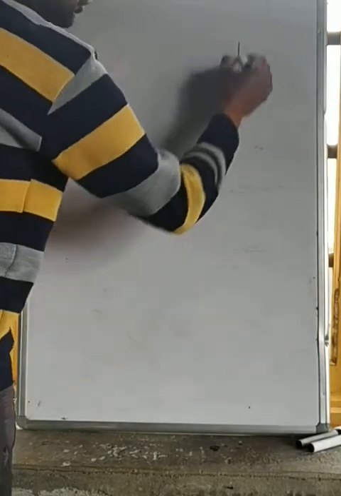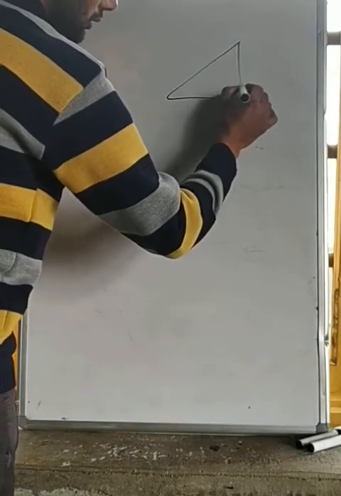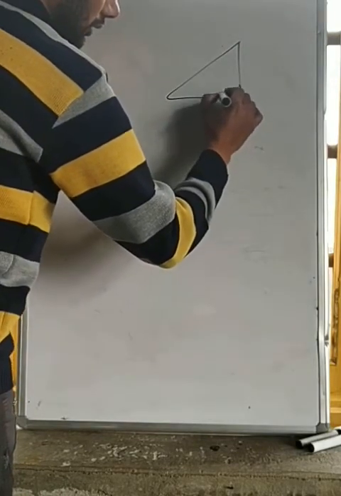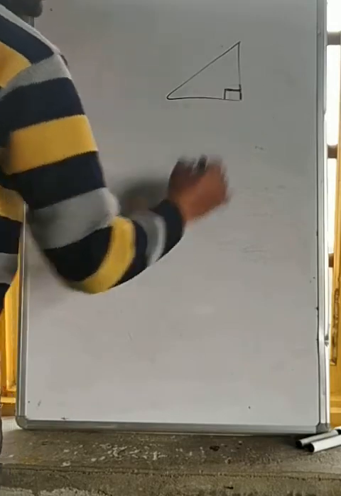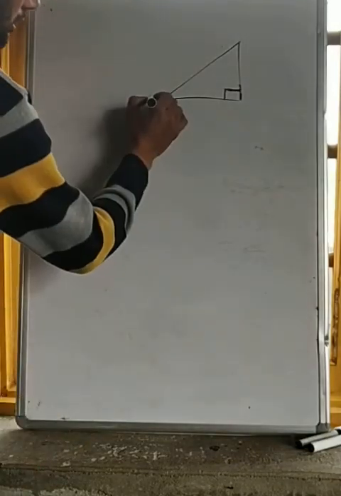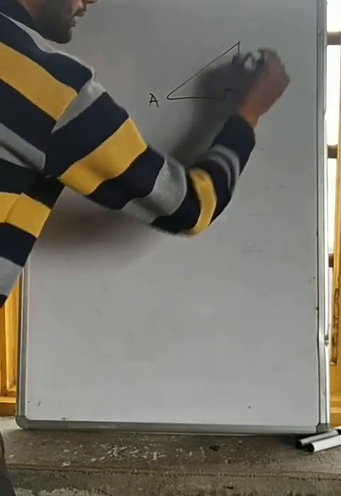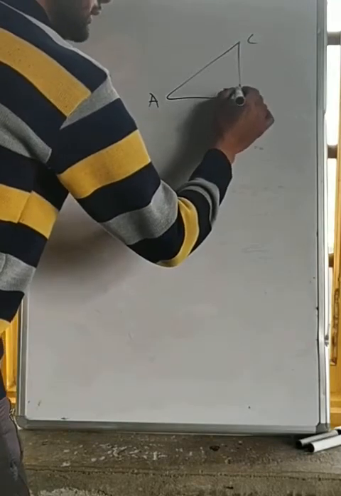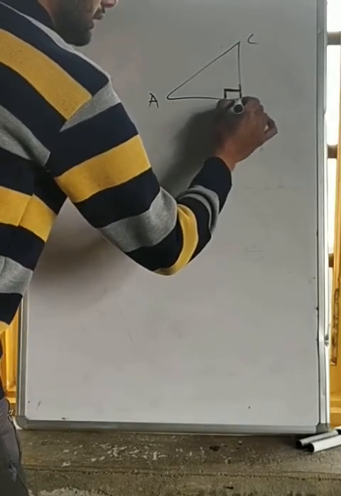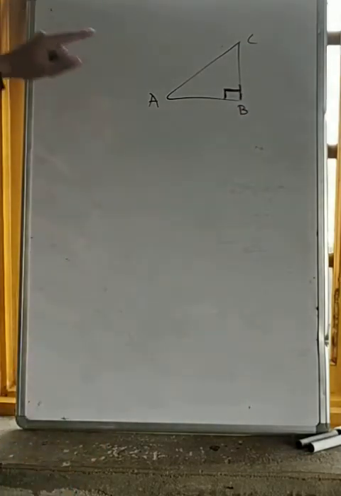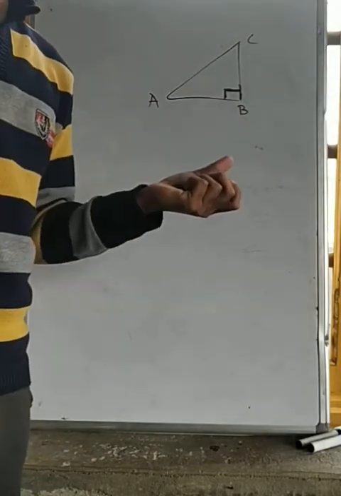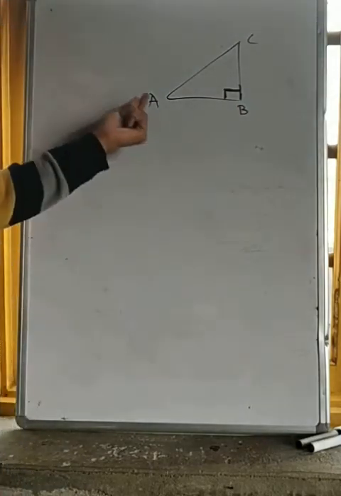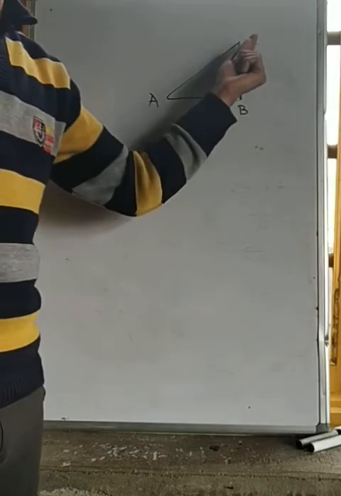So, to know more about it, let's take a right angle triangle A, B and C. Angle B is equal to 90 degrees, so we are having two acute angles here, angle A and angle C.